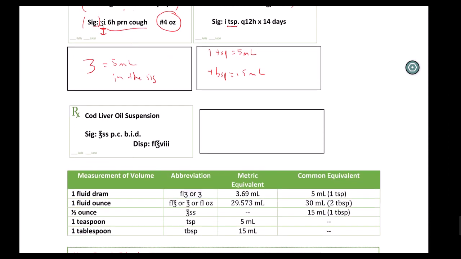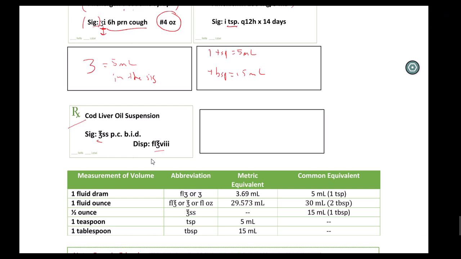So here it's a cod liver oil suspension, and we have another symbol. But notice over here that it's in the SIG and it's also in the dispense fluid ounce as well. So this is an abbreviation for fluid ounce.